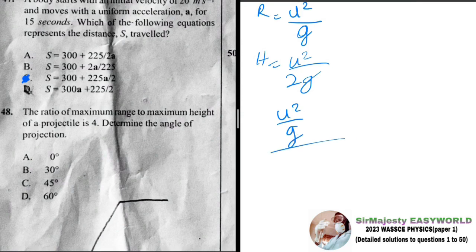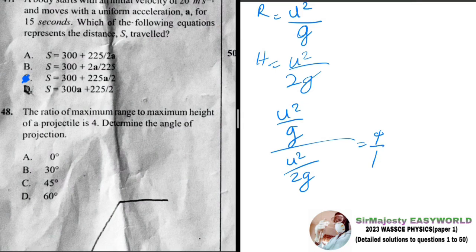So for the range it will be u square over g, while for the height it will be u square over 2g. So the said ratio is 4. So that will be u square over g divided by u square over 2g is equal to 4 over 1.